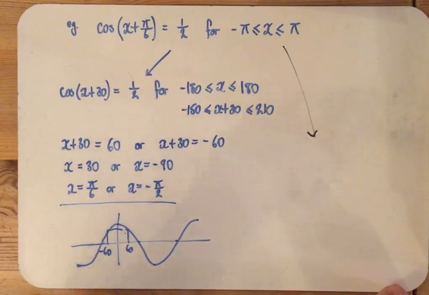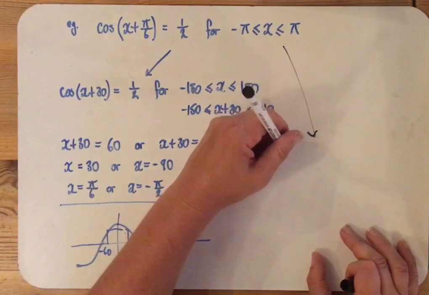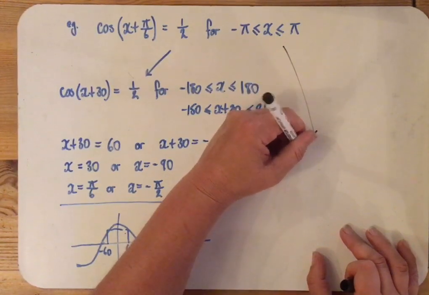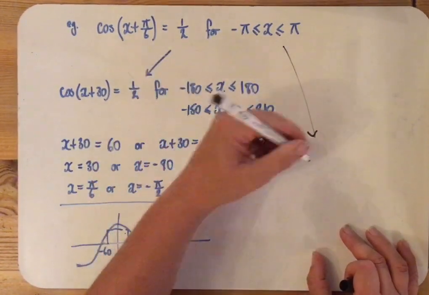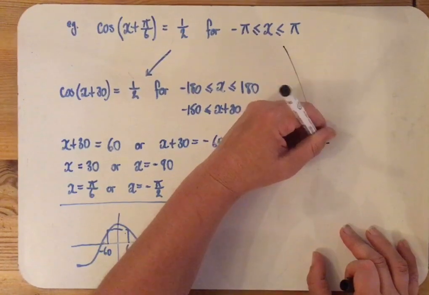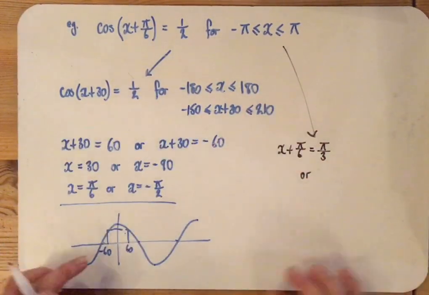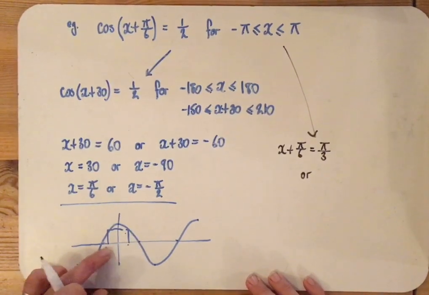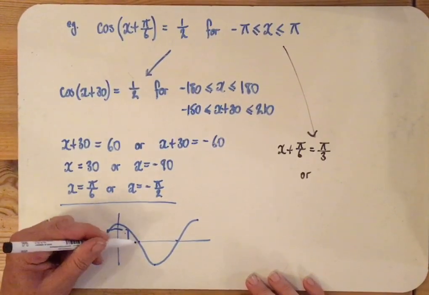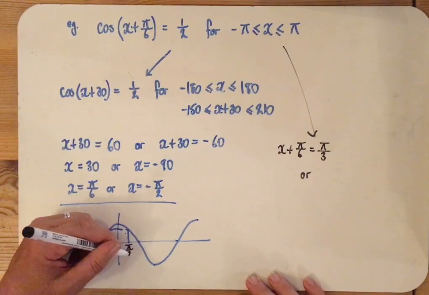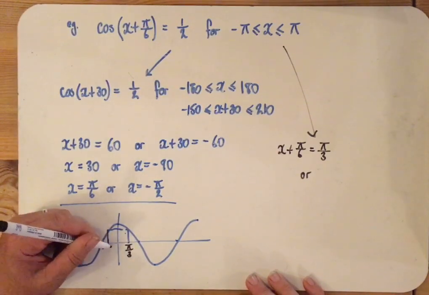so you do shift cos of a half, that will give you that x plus pi by 6, so I'm coming from here now, is equal to pi by 3. Or, and then you'd need to come into here, this is pi by 2, so pi by 3 is sitting here, and then the other one is at minus pi by 3.